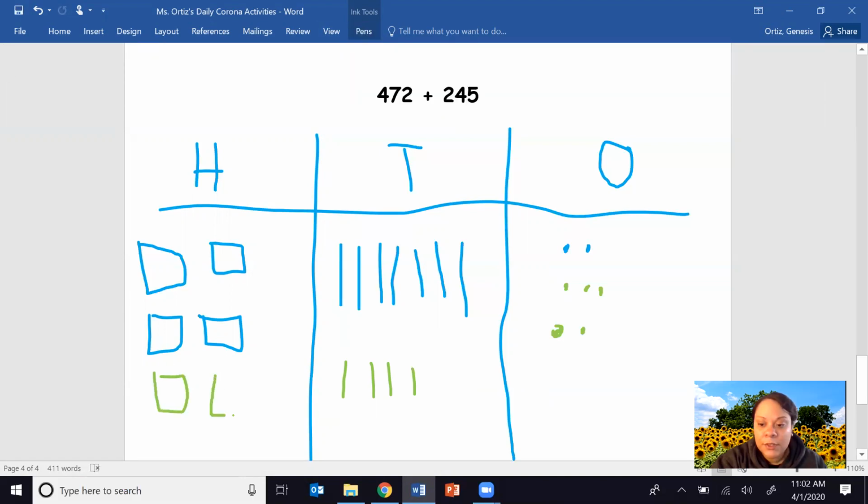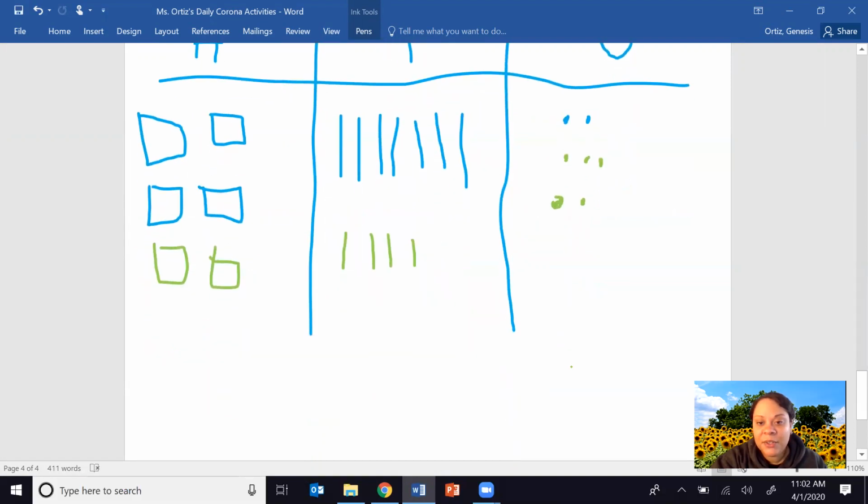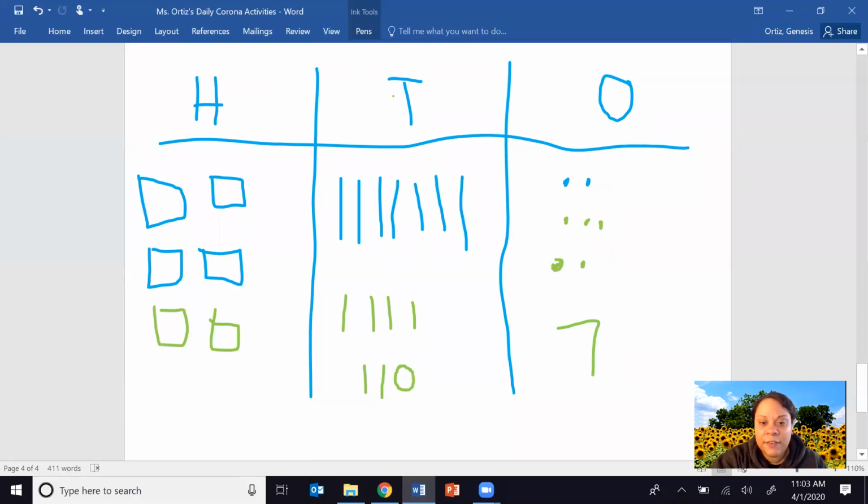1 and 2. Now, I say, okay, well, my partial sums is I have 1, 2, 3, 4, 5, 6, 7 ones, and 10, 20, 30, 40, 50, 60, 70, 80, 90, 100, 110. Okay, well, why is it 110, Miss Ortiz, if it's in your tens place?